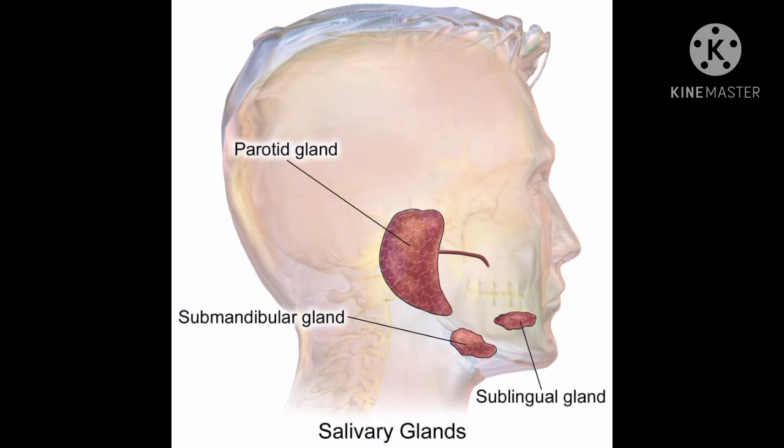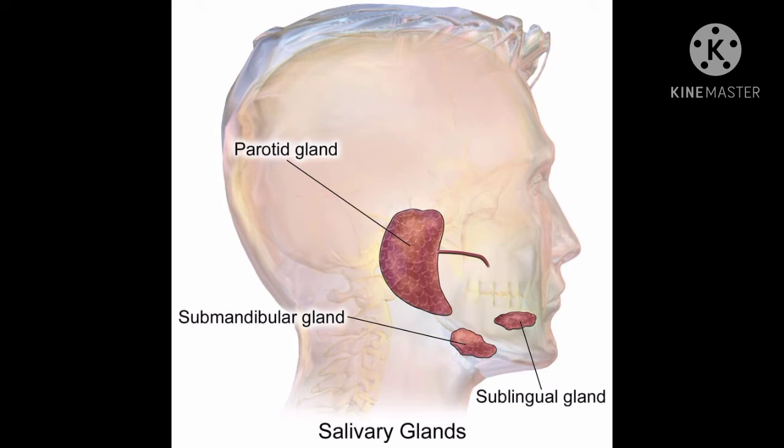Look at the image. This image or diagram shows the position of salivary glands. We have three pairs of salivary glands.